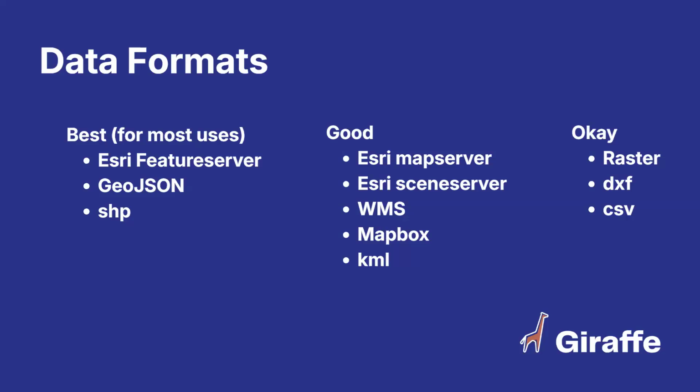The next rating I give as good is your Esri map server, scene server, image server, WMS, Mapbox, and KML. So these formats are still better than a straight up raster upload, but they are rasterized, which means that although, especially with the Esri and WMS, the data is always being updated by that API endpoint, you aren't able to filter and sort and search through that data in the same way that you would be if it was a vectorized format.